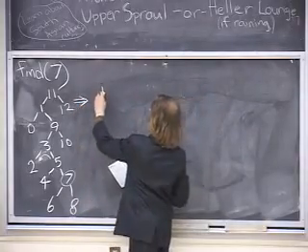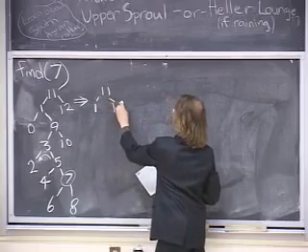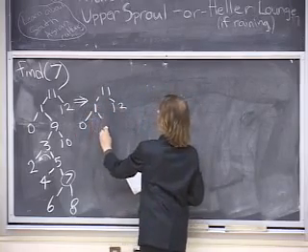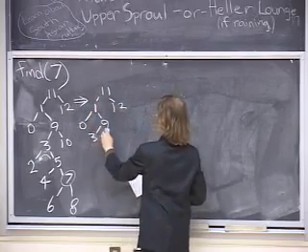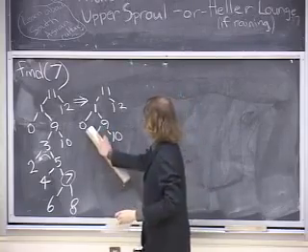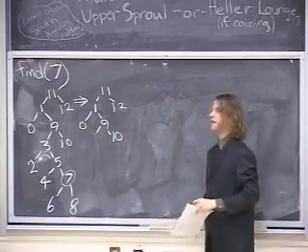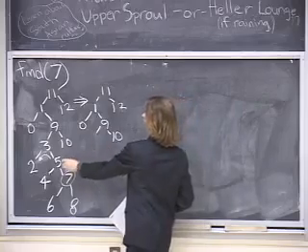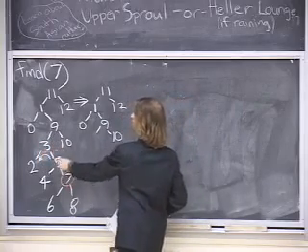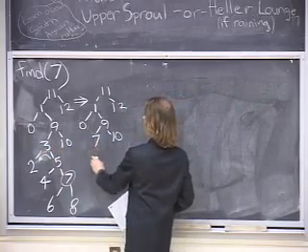So the upper part of the tree remains the same. Up to there, everything's the same. But now the 5 rotates up through the 3, and then the 7 rotates up through the 5, and the 7 winds up here.